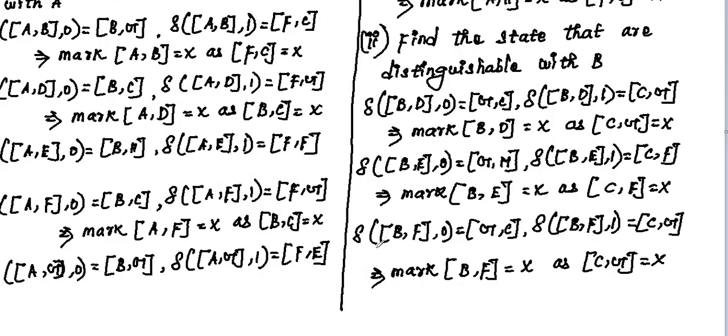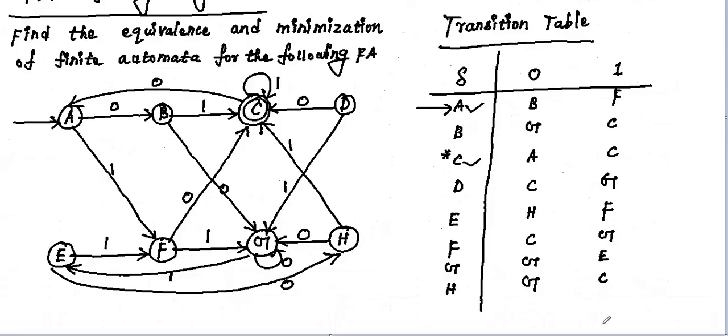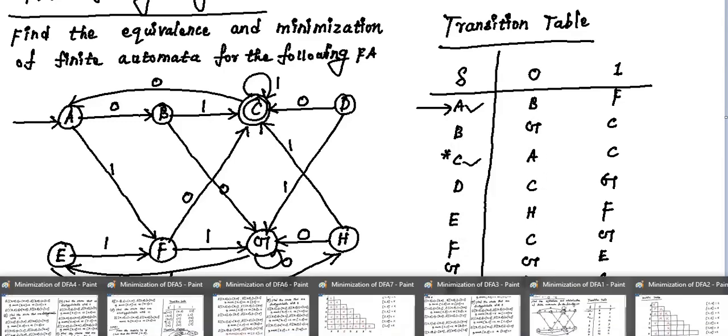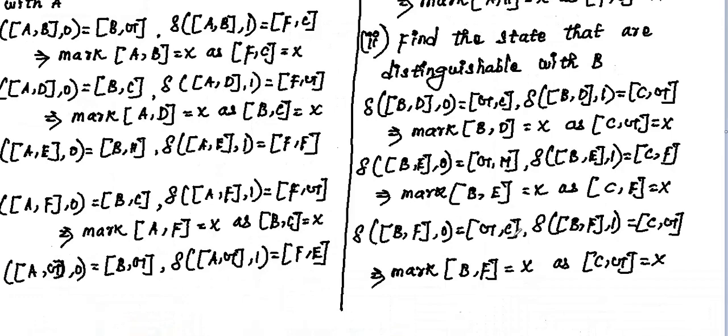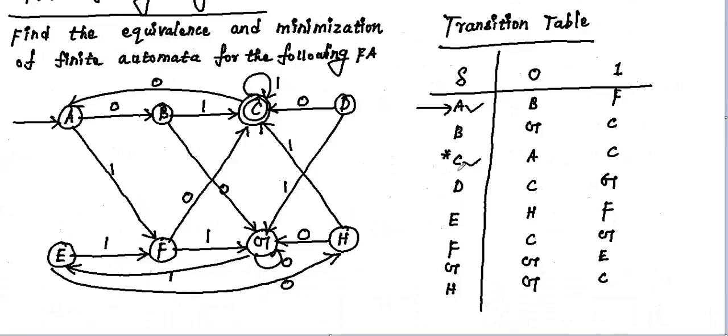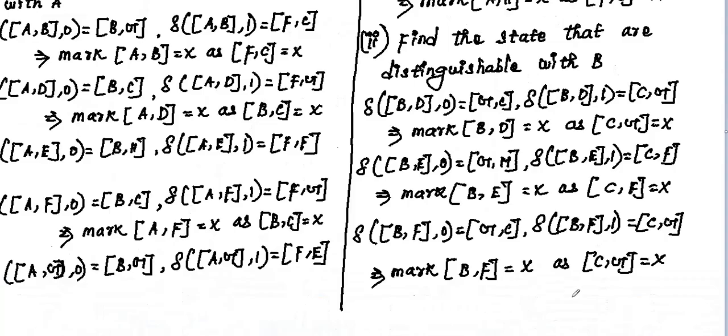Then BF, del of BF 0. See the transition table, BF 0 is C, G. So GC. Next del of BF 1. See the transition table, BF input 1 is C G. Here you write CG.